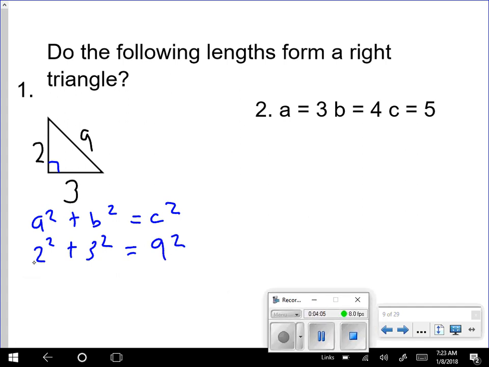So we have 2 squared, or 2 times 2, which is 4. And we have 3 squared, which is 9. And then we have 9 squared, which is 81. So 4 plus 9 is obviously not 81. So this does not work. So what that means for us is this does not form a right triangle.